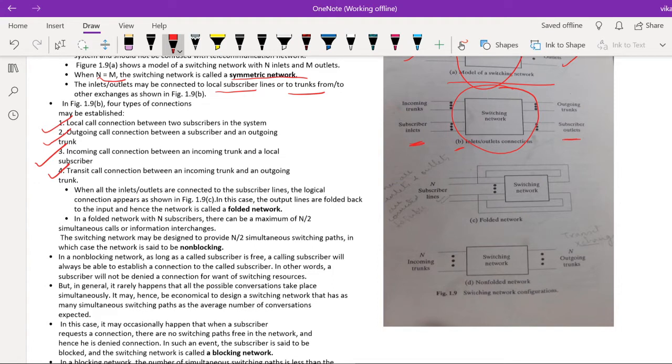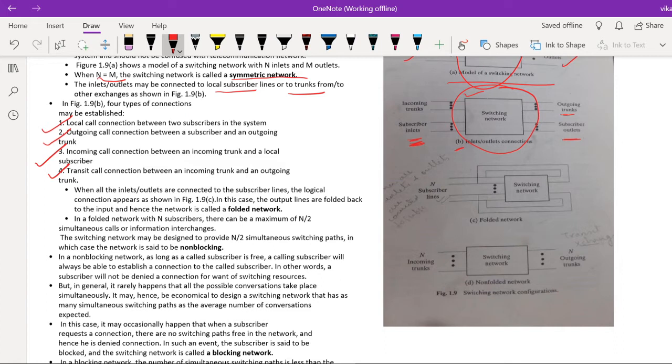Now, outgoing call connection between a subscriber and an outgoing trunk means what? This local subscriber wants to make a trunk call to a person who is connected to some other exchange. So this subscriber would get connected through this system over this line to the other exchange for the trunk call.